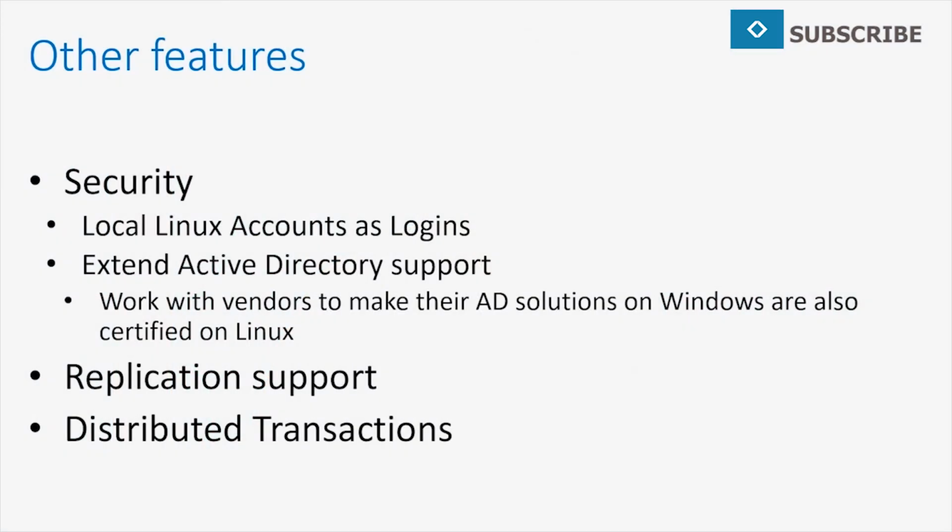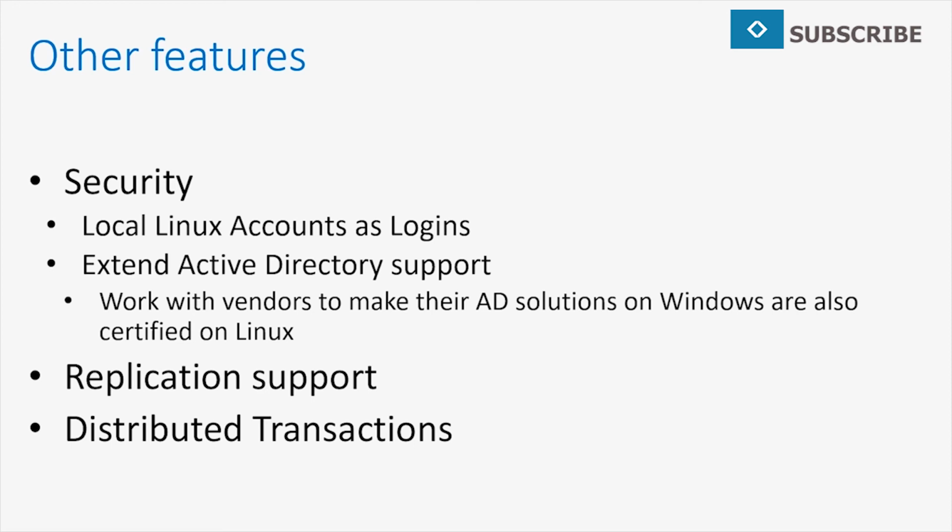And lastly, I have a list of features which we are investing in for vNext based on customer feedback and many of the lab engagements which we have done here.